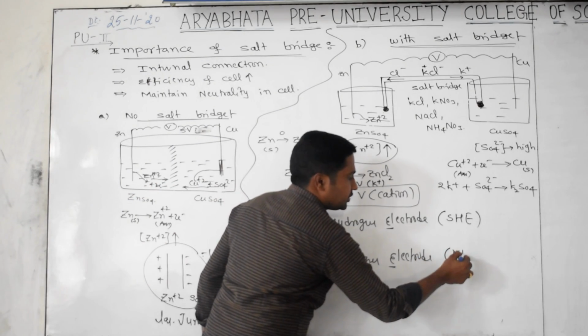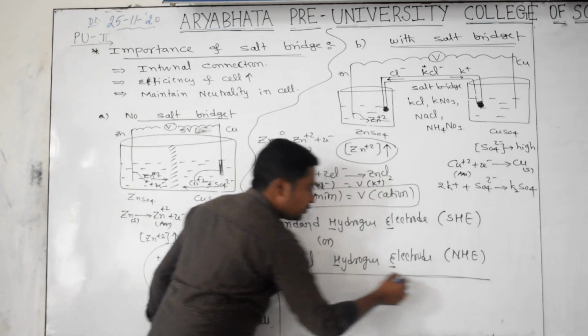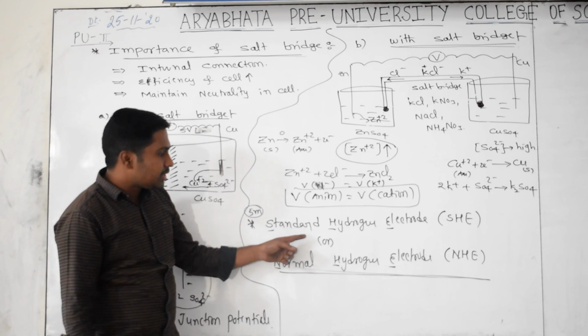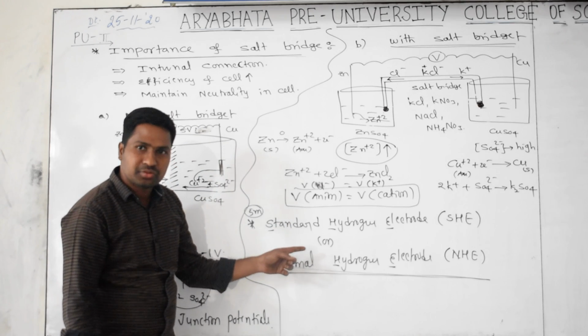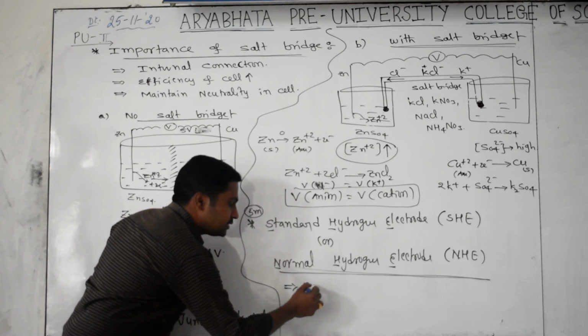SHE or NHE, both have the same meaning. And what is the use of this, and why do you have to learn about this? This SHE or NHE, standard hydrogen electrode or normal hydrogen electrode, acts as a reference electrode.